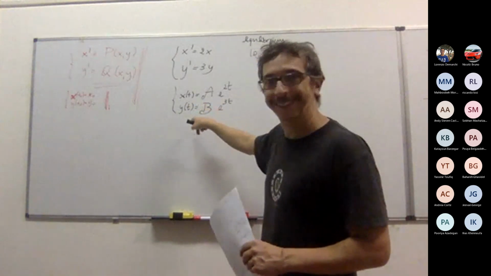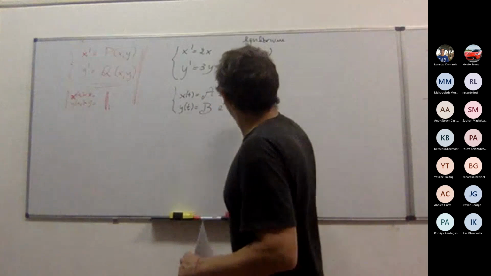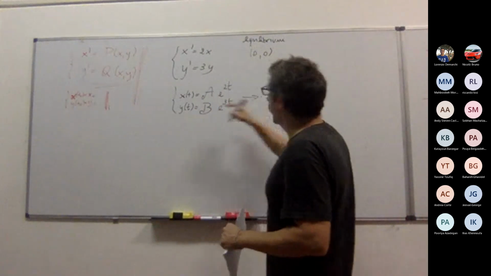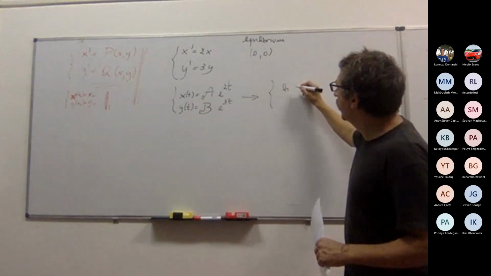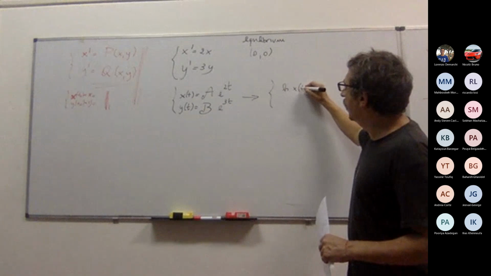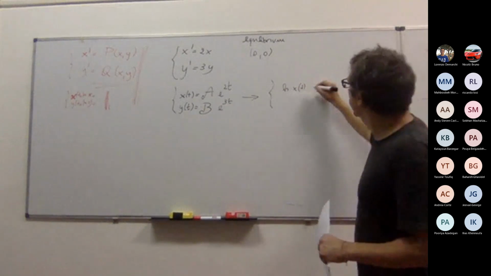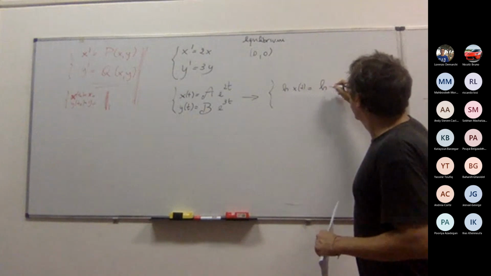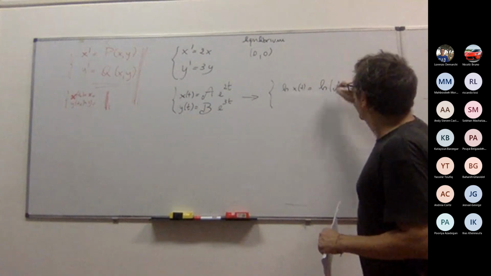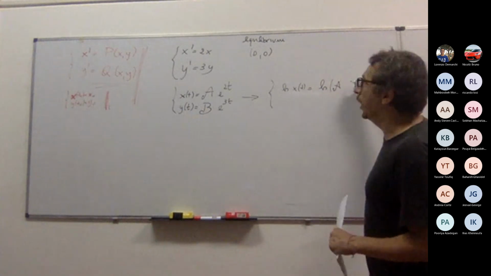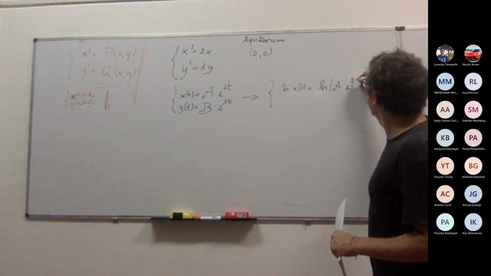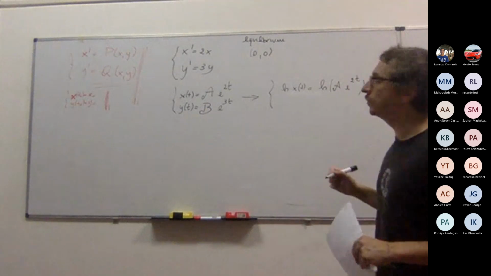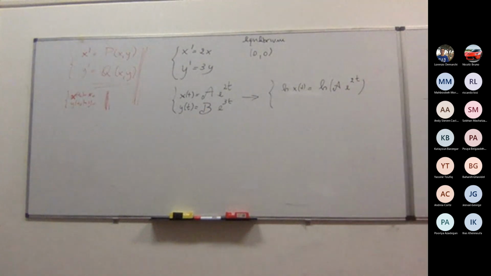So if I take the first equation, this would give me log of x of t, and on the right I have log of a times e to 2t.